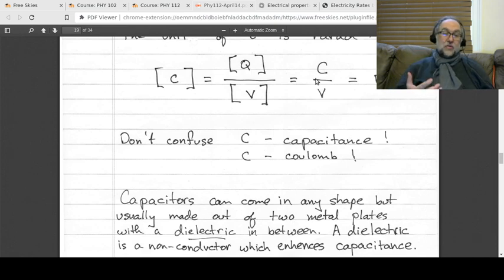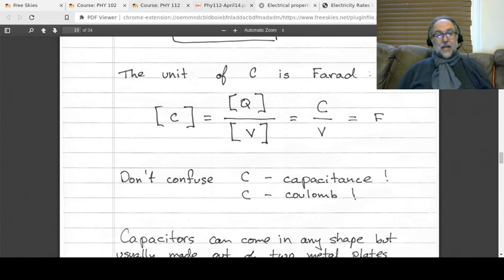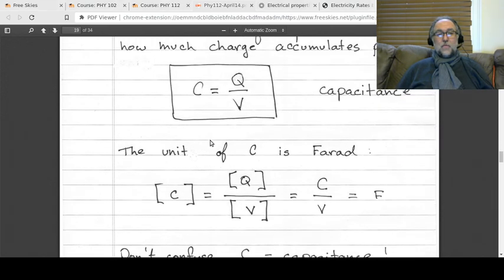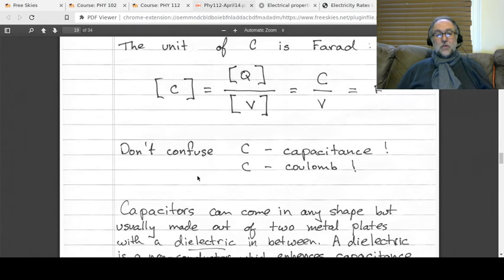It's kind of awful to recycle the same symbol in the same formula, but there it is. Okay, so in this equation, this C is capacitance. It's a symbol which represents this property of matter, which is its ability to accumulate charge per volt. This C here is a coulomb, which is a unit of charge. So I don't know what to say. Just don't confuse the two. All right.